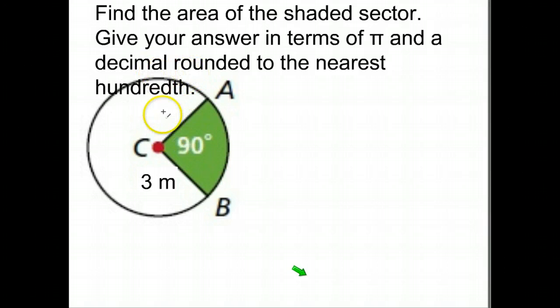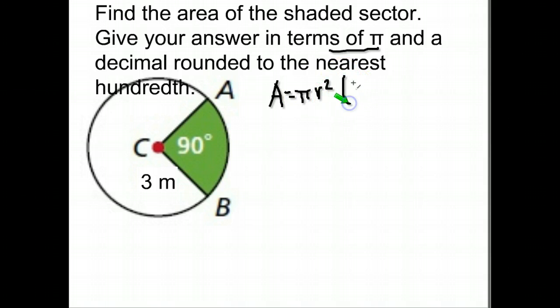All right, here, oh, my circle moved, it looks like. Find the area of the shaded sector. Give your answer in terms of pi and as a decimal rounded to the nearest hundredth. So again, we're going to practice our skills there. So I would look in my notes and go, okay, what is the formula for the area of a sector of a circle?